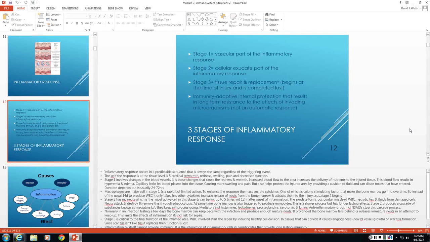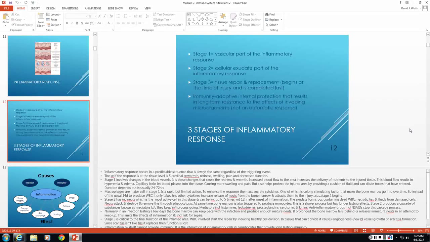Now stage 2 is the cellular exudate part of the inflammatory response. Stage 2 includes neutrophils, which are the most active cells in this stage, and can be increased up to 5 times within the first 12 hours of the onset of inflammation.